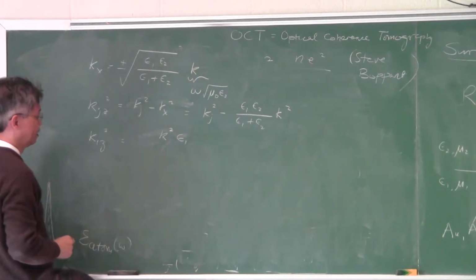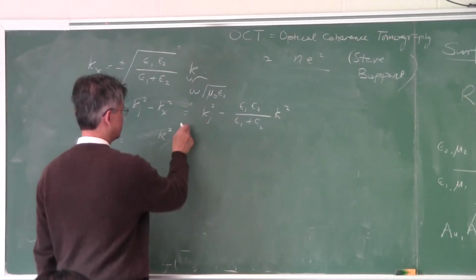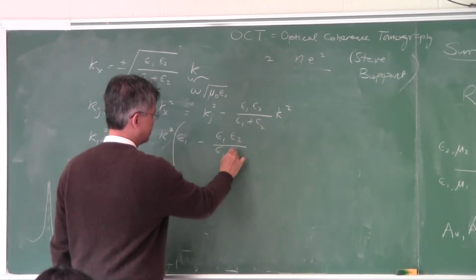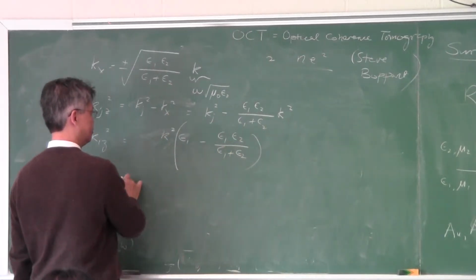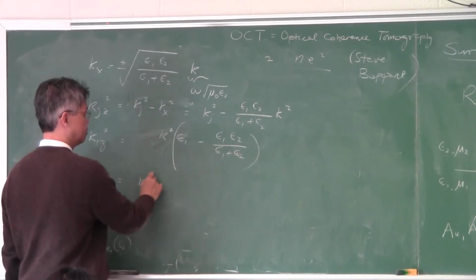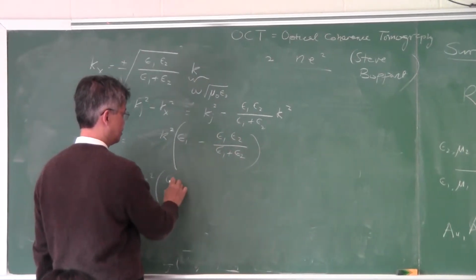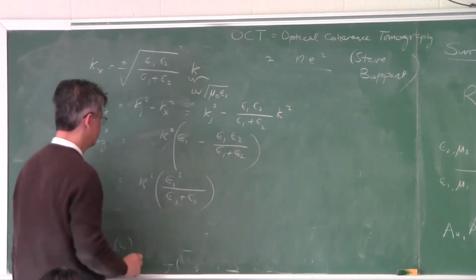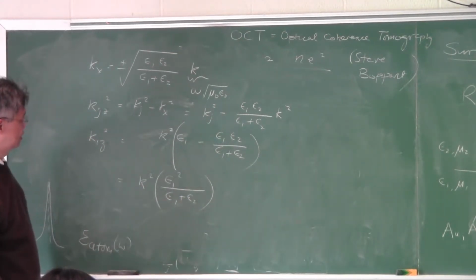Okay, this would be k squared epsilon 1. And then the second term would be epsilon 1, epsilon 2, over epsilon 1 plus epsilon 2. And this would give me k squared epsilon 1 squared over epsilon 1 plus epsilon 2. Okay, I think that's correct.